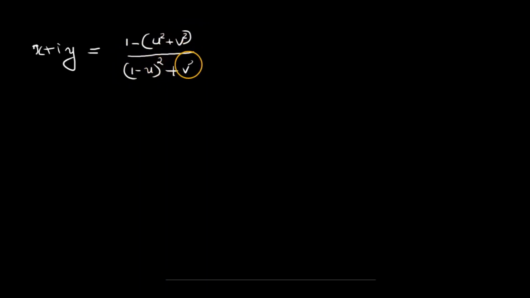So, X plus iY equal to (1 minus (U square plus V square)), taking minus common outside, divided by ((1 minus U) whole square plus V square) plus i into 2V divided by ((1 minus U) whole square plus V square). On comparing, this is our x and this is our y. But we are given that the straight line is y equal to x. So, here x is equal to y.